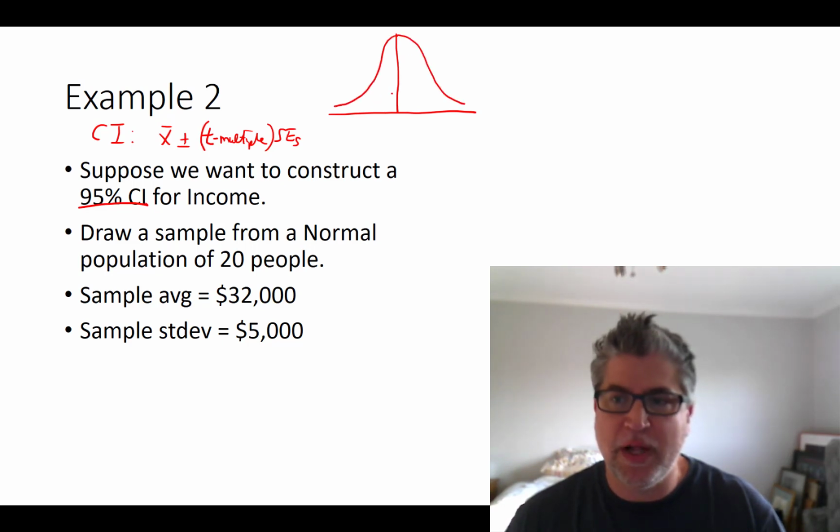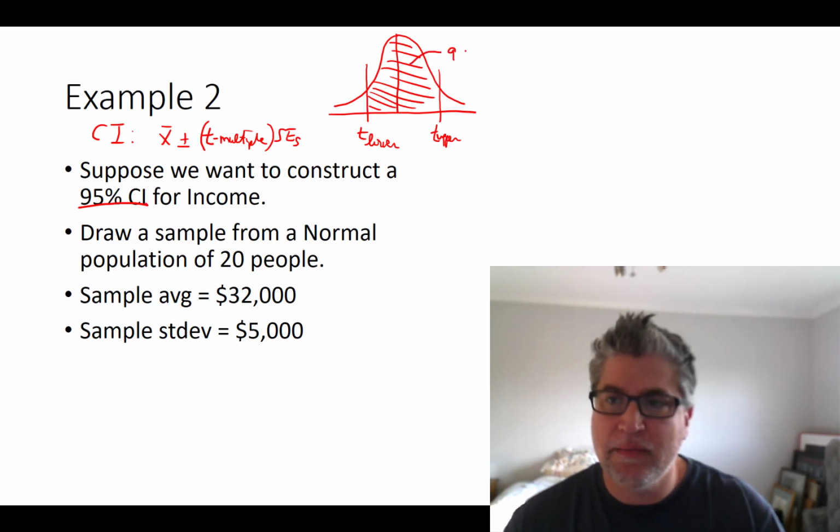We have some kind of bell-shaped curve, and we need two values of t, a plus and a minus, t upper and t lower, where the area between them is 95%.